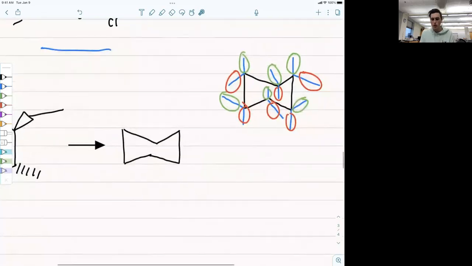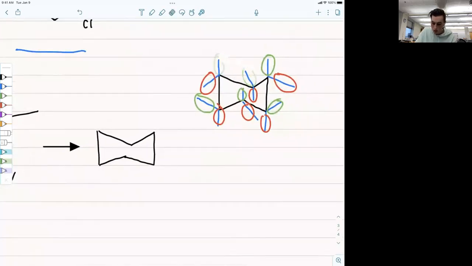As far as equatorial and axial, I know that this side here, all of these are equatorial because they're not just going straight up and down.